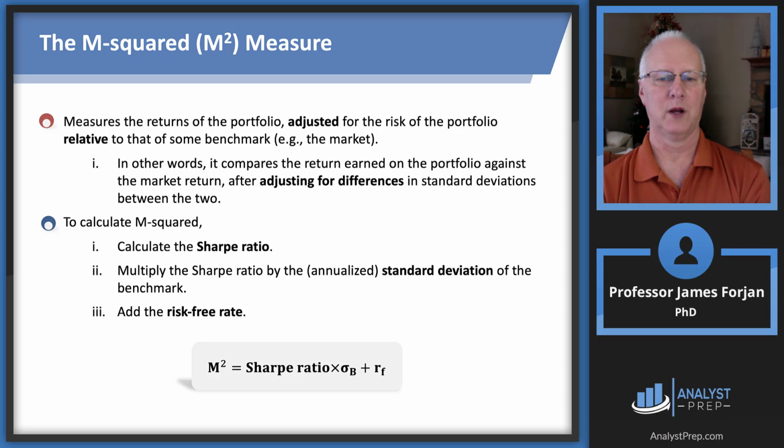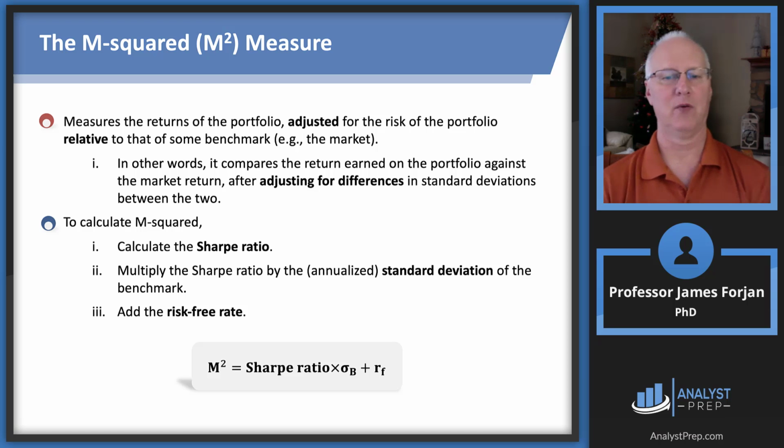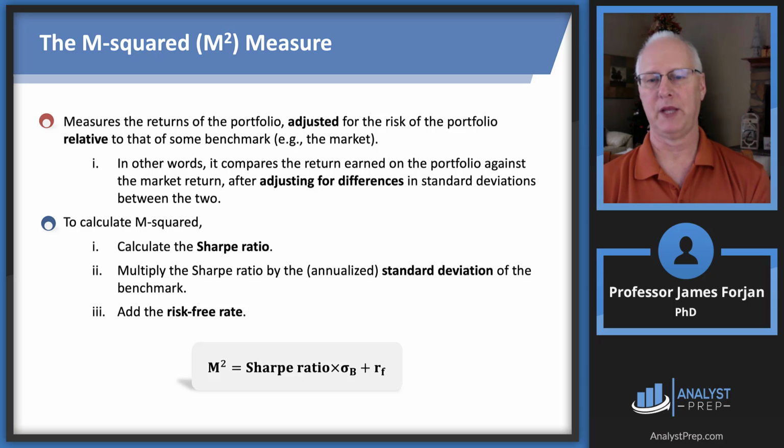So M squared is equal to the Sharpe ratio multiplied by some kind of a standard deviation, and we're going to add that risk-free rate of interest because that's always the starting point, right? We would never invest in a fund manager if he or she was not going to at least outperform the risk-free security. And remember, there's a B subscript on that standard deviation, and that's the standard deviation of the benchmark.